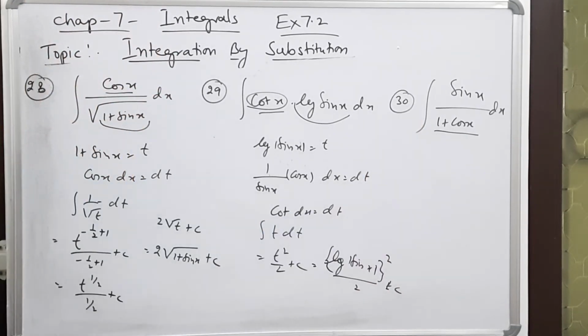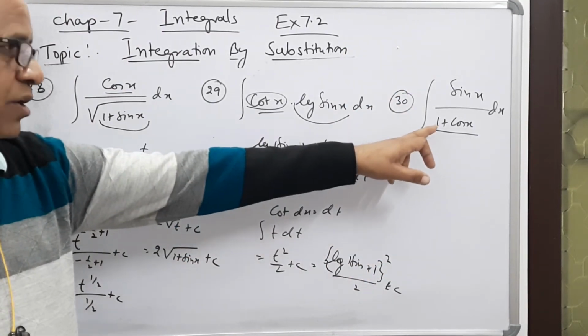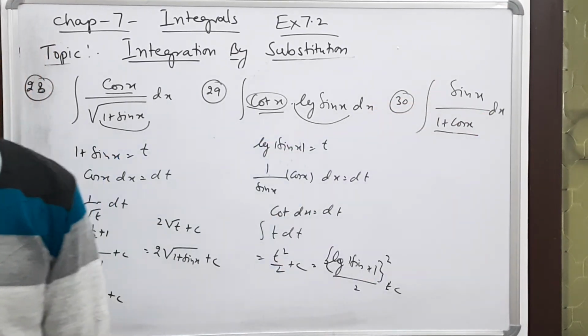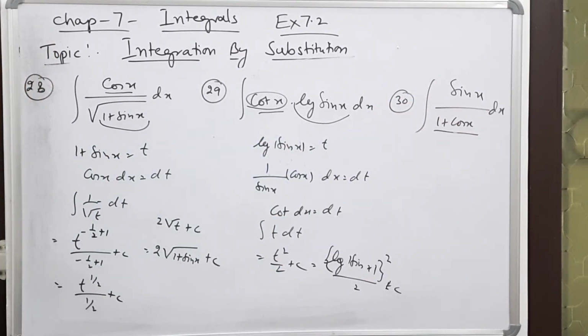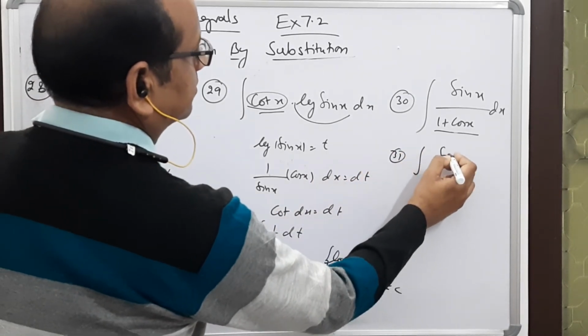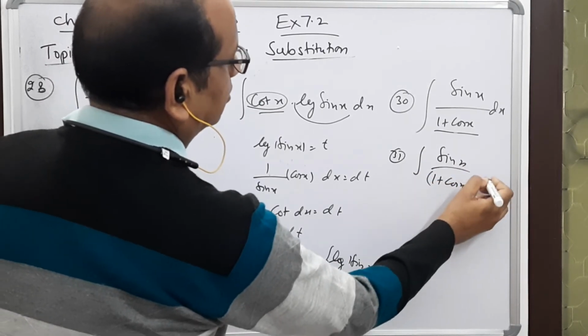Now you see this, I am not writing the answer but just explaining that you take 1 plus cos x as t. So minus sin x will be the derivative there. Similarly, there is a problem here, problem number 31, which is sin x upon (1 plus cos x) whole square.